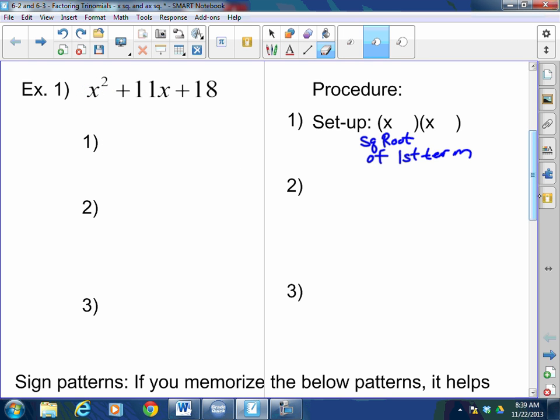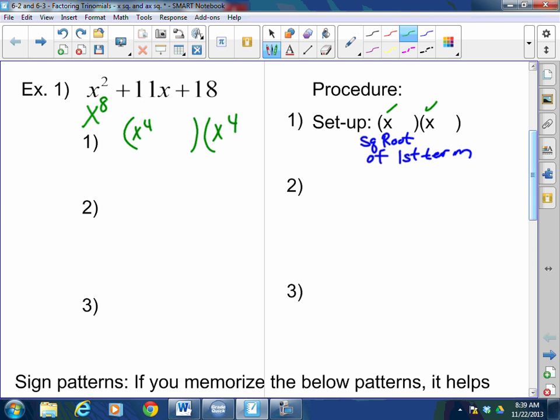Now, how does that apply to larger values? It's basically you take half of the exponent and you split up the variable into two different binomials. So if I had x to the 8th here, my setup would be x to the 4th, x to the 4th. If I had x to the 4th, if that was my first term, I'd have x squared, x squared.